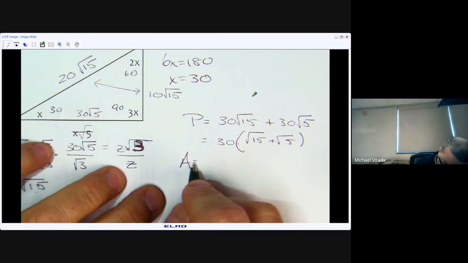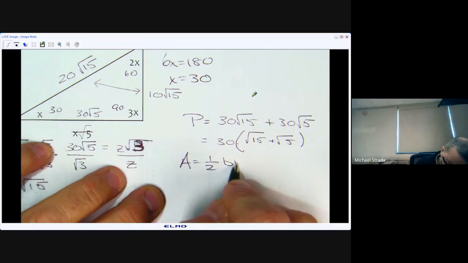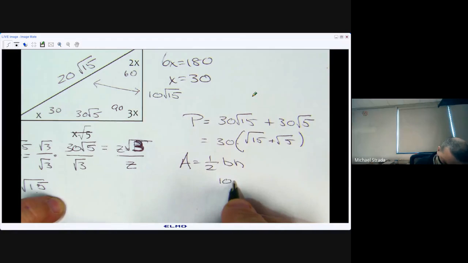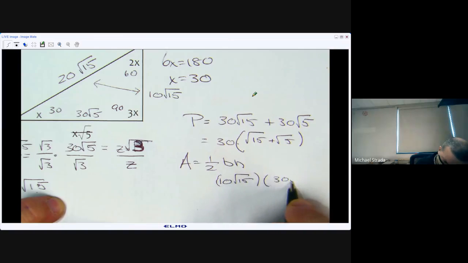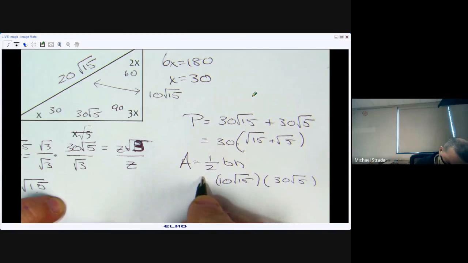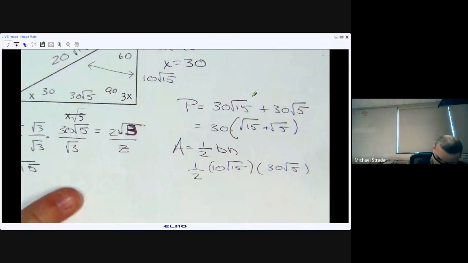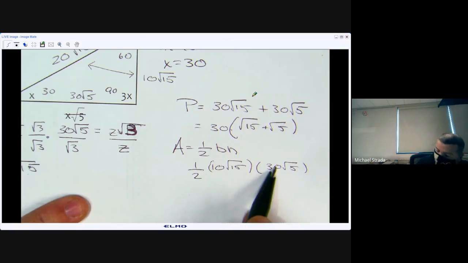Area of a triangle, remember, is 1/2 base times height. The base and the height are the sides that make the right angle. So that'd be 10 root 15 times 30 root 5 with a 1/2 in front. We multiply the outside numbers. 10 times 30 is 300.